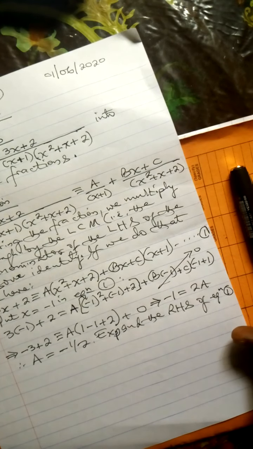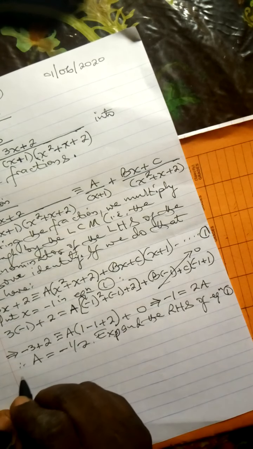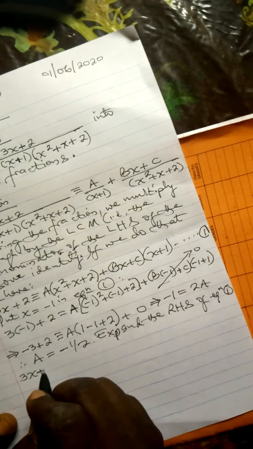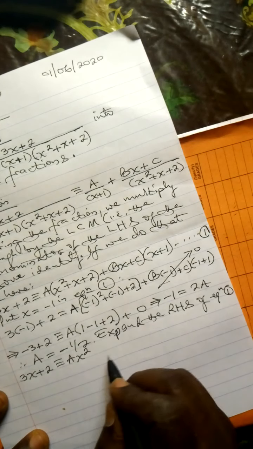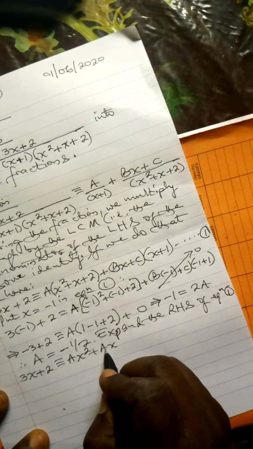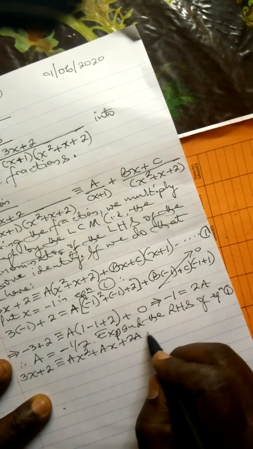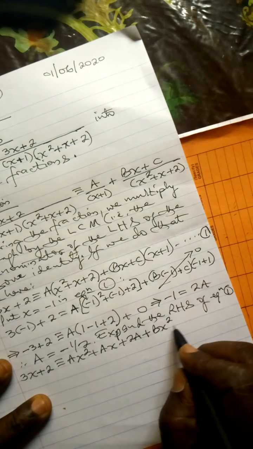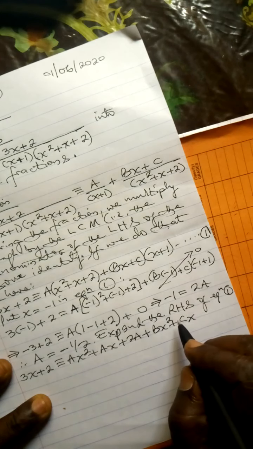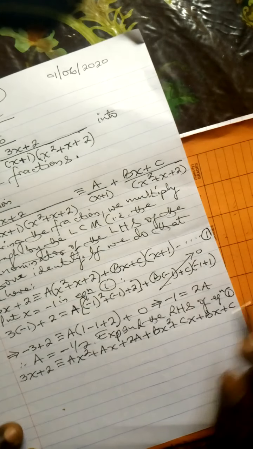If you do that, I'm going to have 3x plus 2 is equivalent to ax squared plus ax plus 2a plus bx squared plus bx plus cx plus c.